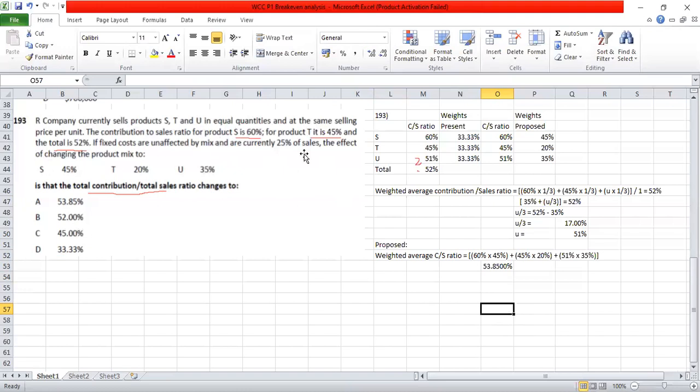The rest of it is the same because there is no other mention about it. The product mix earlier was in equal quantities. Now the product mix has changed to 45, 20, and 35%. The rest of it is all the same. If there was some change in that, it would have been mentioned. It is not mentioned.